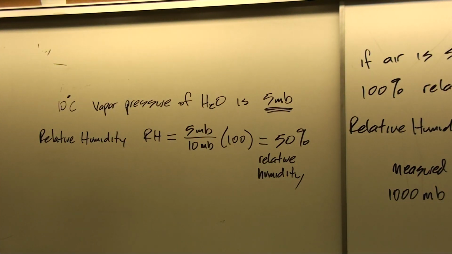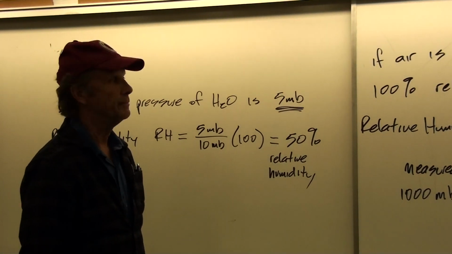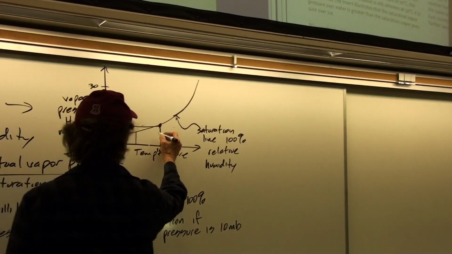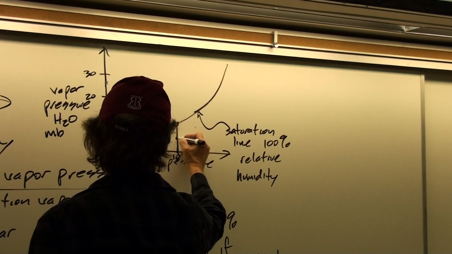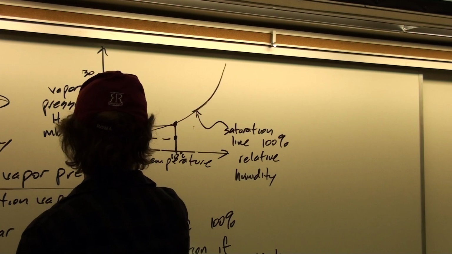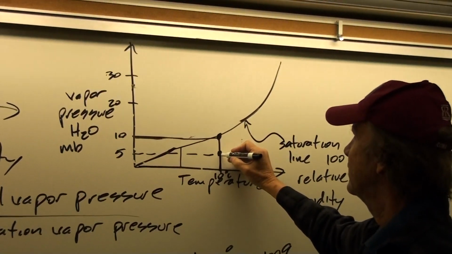And so that's the way that you do a calculation at a particular temperature. But let's say that, so you're basically here at 5. So this is your vapor pressure, and let's say it's 10 degrees centigrade.